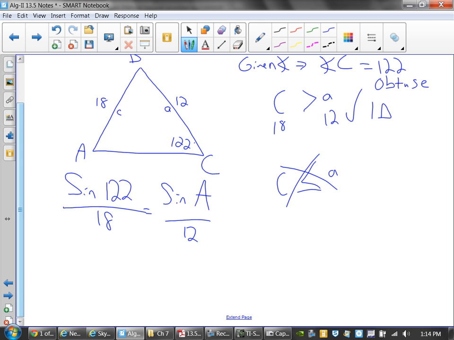In this case, again, I'm going to have to cross multiply. But does everybody notice that I'm looking to find my angle? Do you remember the button on the calculator you have to press for the angle? Inverse sine. The inverse sine, yeah. So what I'm going to do is set it up just to leave the sine on one side. So I just have to multiply the other one by 12. So I get 12 sine of 122 over 18 is the sine of A.